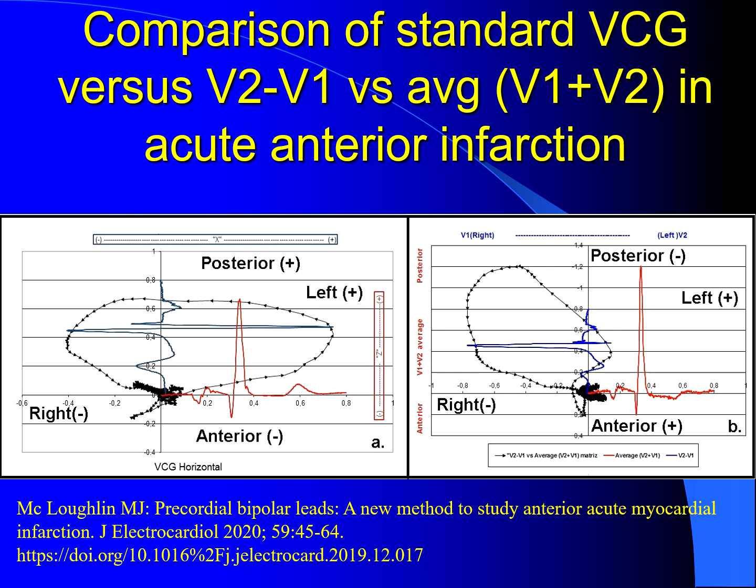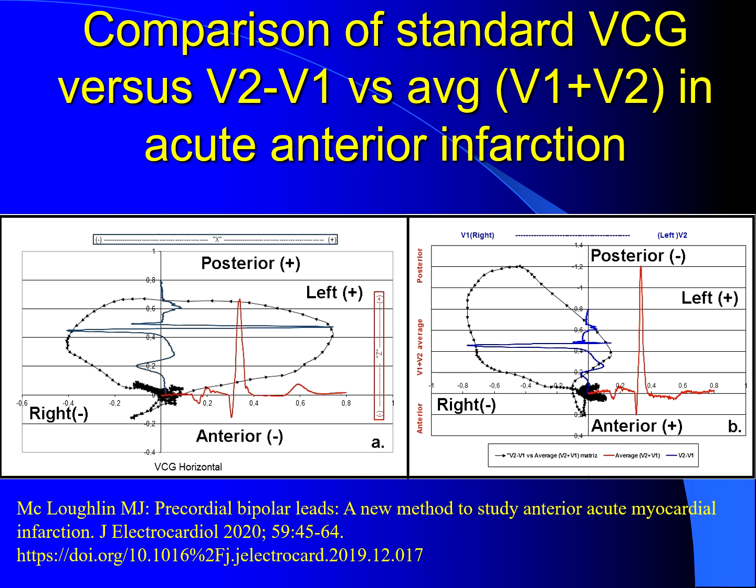This concavity represents the imbalance of electrical forces between the interventricular septum infarct and the right ventricle healthy forces. Since there is a predominance of the forces of the right ventricle due to the absence of the most powerful forces of the septum, the vector abnormally turns to the right.